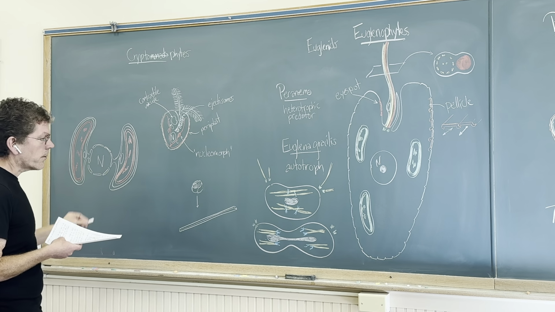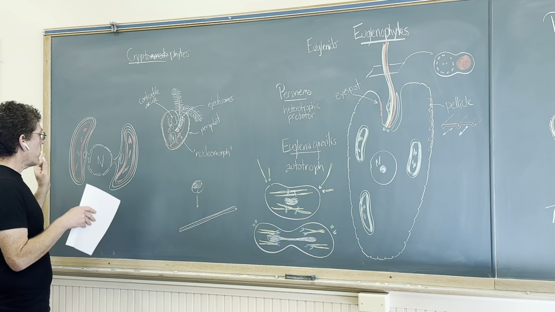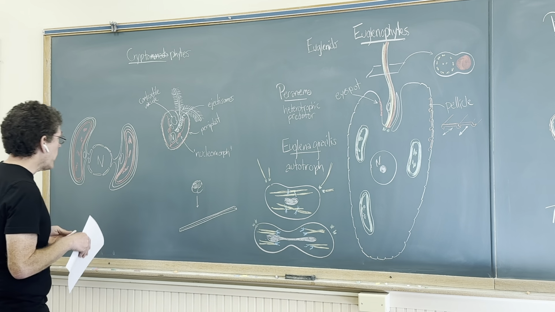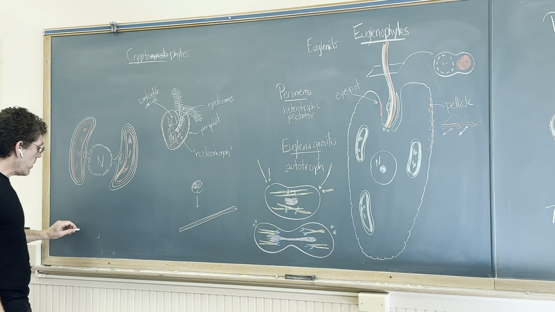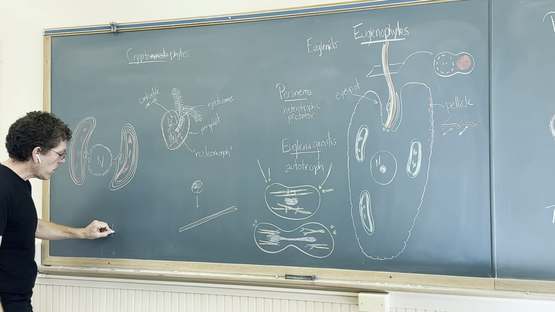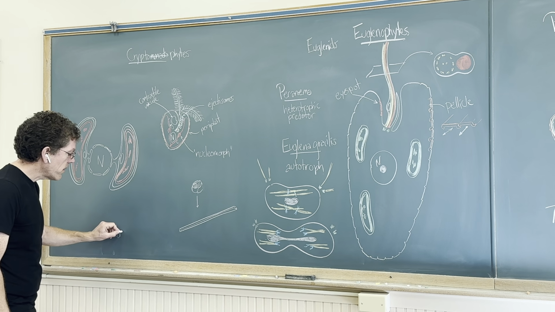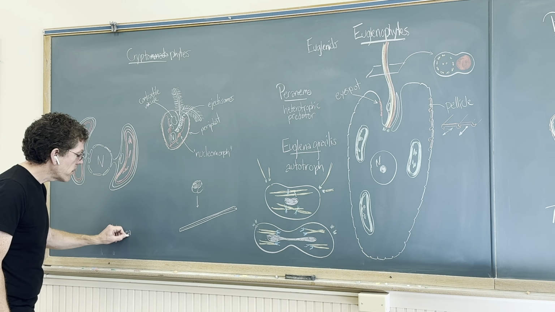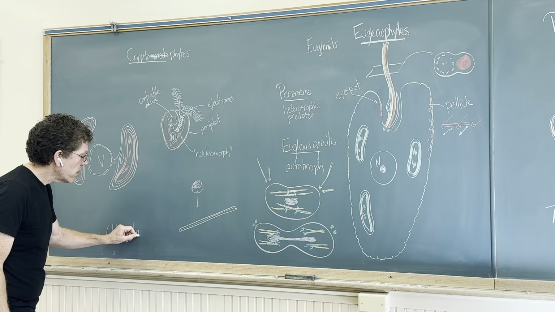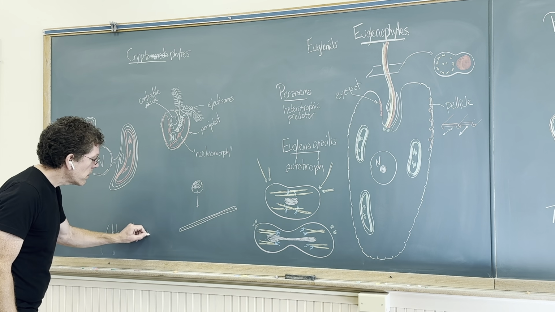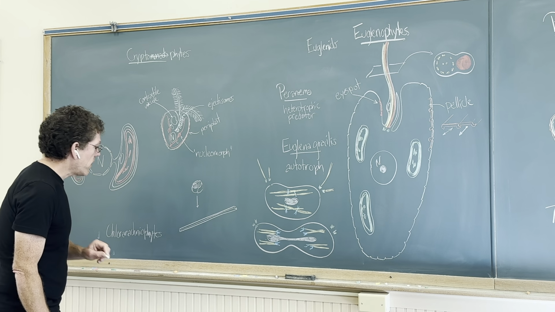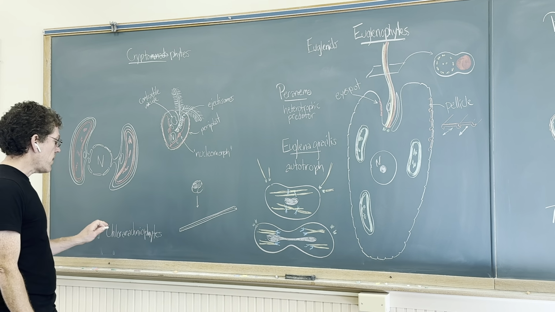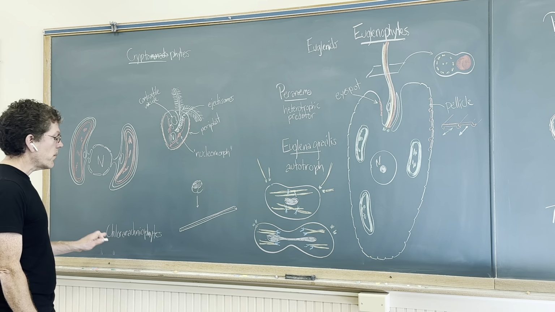And there is another group of eukaryotes not related to the cryptomonads, another group called the chlorarachniophytes, also secondary endosymbionts, except they got their plastids from green algae.